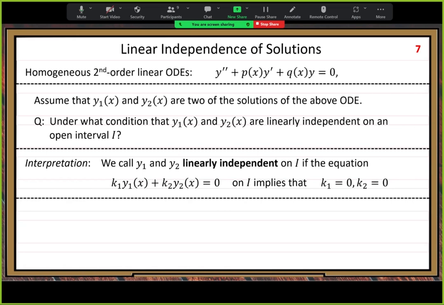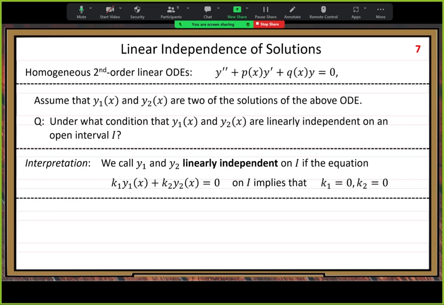We start with this equation. Assume two arbitrary constants K1, K2.